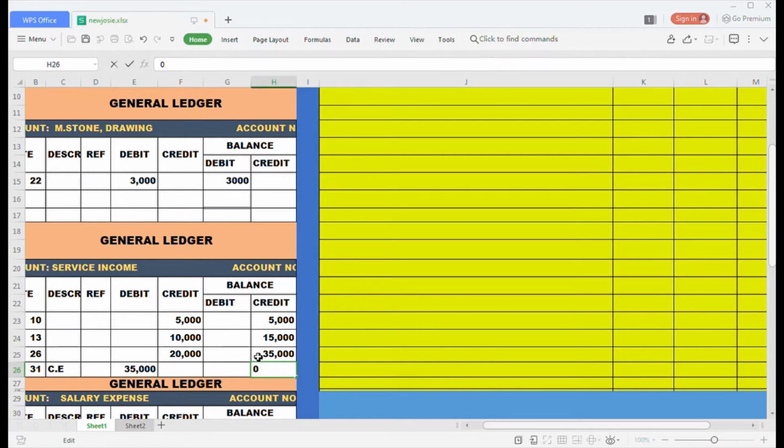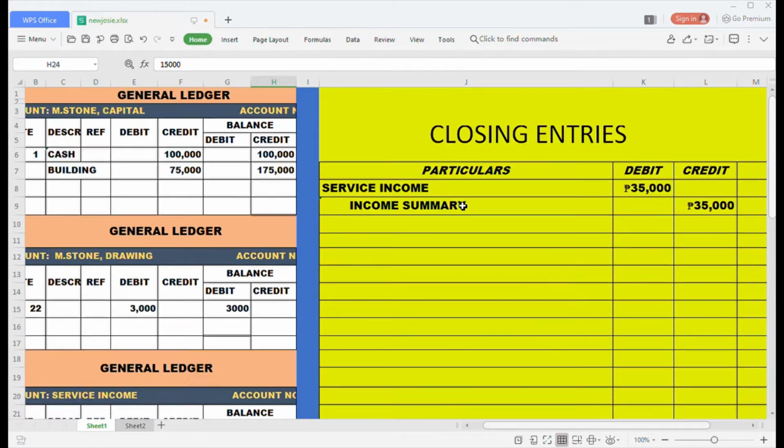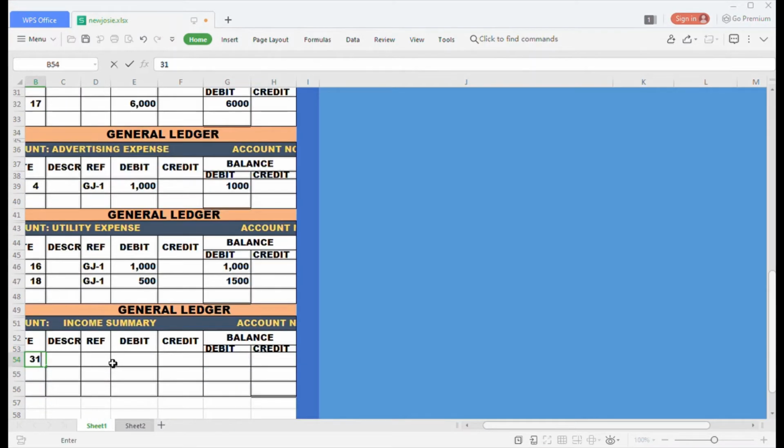Alright, so na-close na natin guys ang service income account. We still have here income summary 35,000 credit. So we put that in our income summary account. Date 31, and for our description that is closing entries, and this is credit 35,000, and our balance is 35,000.